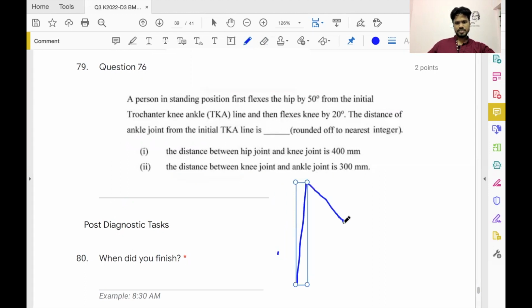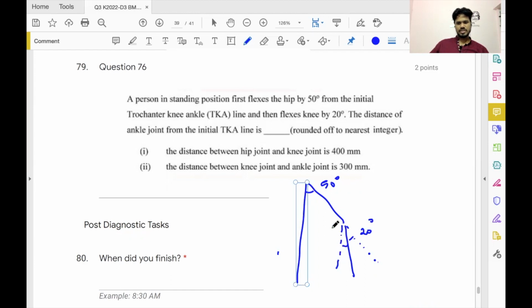There is hip extension, and then there is knee flexion. Oh, sorry, this is hip flexion, and this is knee flexion. This is 50 degrees, and this is 20 degrees.